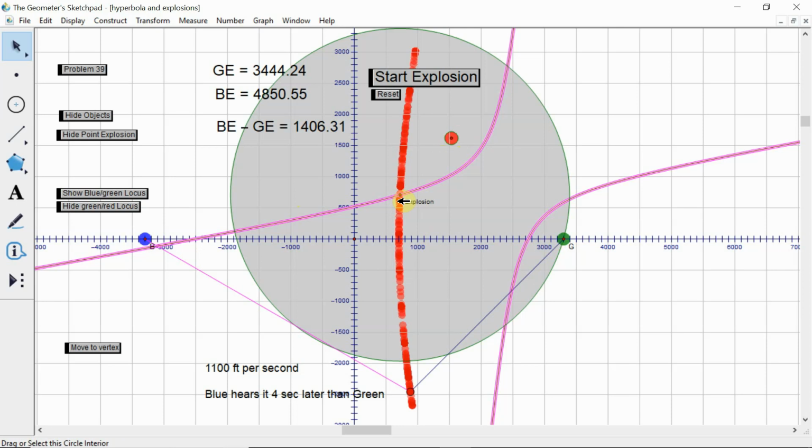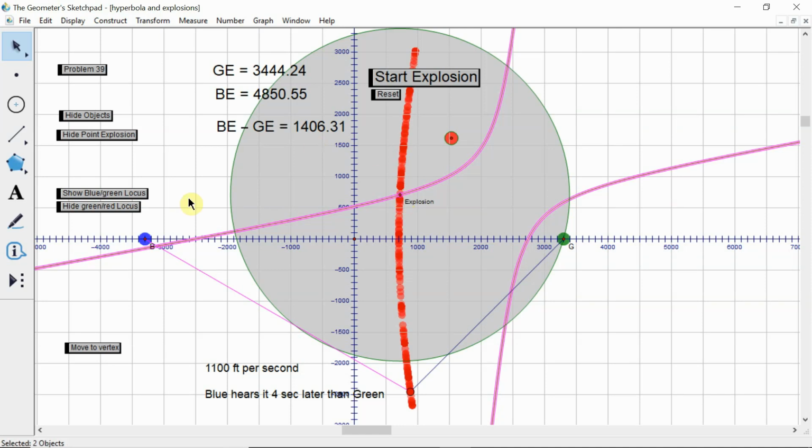An analogy might be this: if you're talking to somebody on the phone, not that you talk to many people on the phone probably, but if you would both hear a lightning strike in different positions, and one of you heard it on the phone before the other heard it in person, what you're talking about is a constant difference: the lightning must have struck 1,100 feet closer for every second for whoever heard it first. Do you know where it is? No, but it'll be somewhere on a hyperbola between the two people.